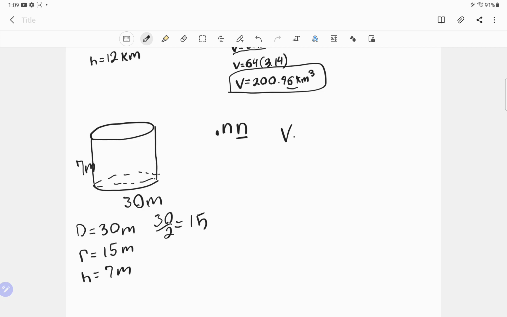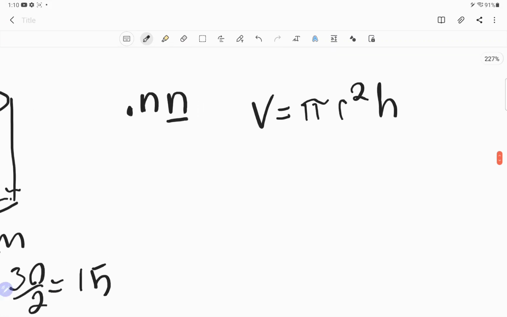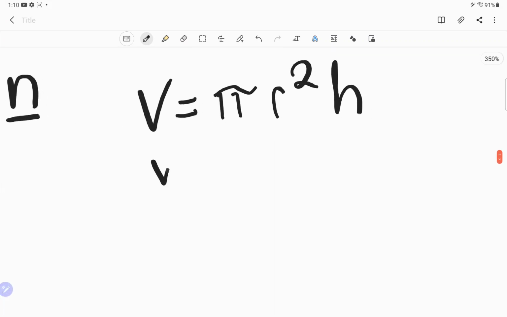Now we're doing a three-dimensional shape, so we're basically solving for volume. And the equation for your cylinders is going to be pi r squared h. Now I'm going to plug in everything that I know. I know my radius is 15 and my height is 7. So it's going to be pi times 15 squared times 7.